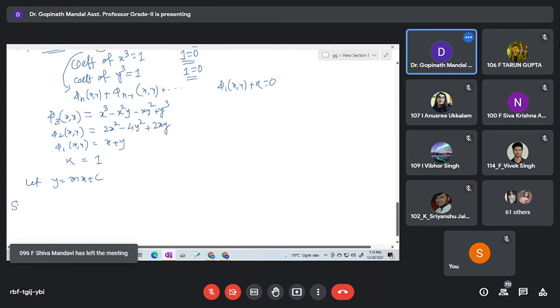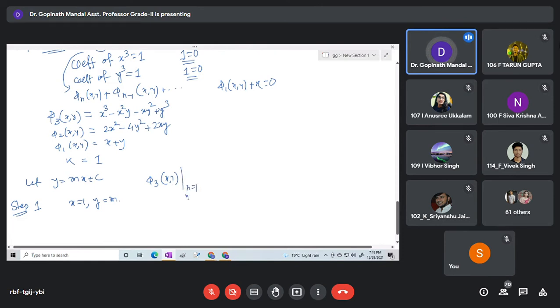So our first step, step 1, is just put x equal to 1 and y equal to m and find phi 3 xy, that is phi 3 at the point x equal to 1 and y equal to m.